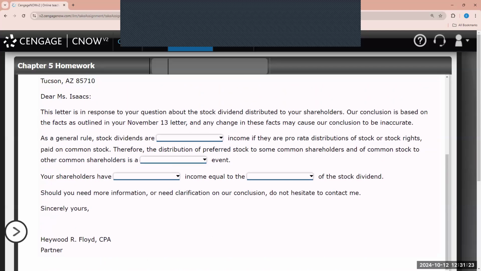So we start off, Dear Ms. Isaacs, this letter is in response to your question about the stock dividend distributed to your shareholders. Our conclusion is based on the facts outlined in your November 13th letter, and any changes in these facts may cause our conclusion to be inaccurate.